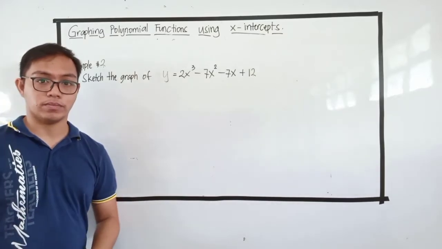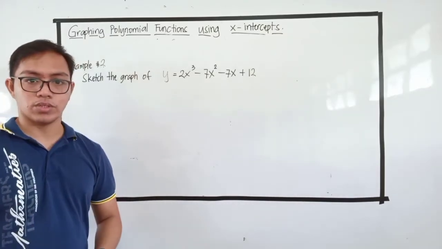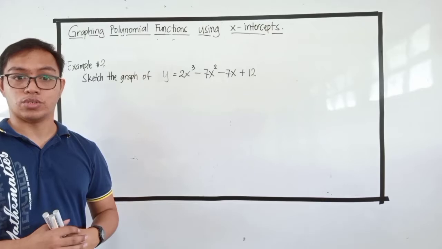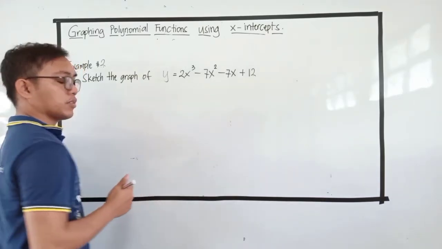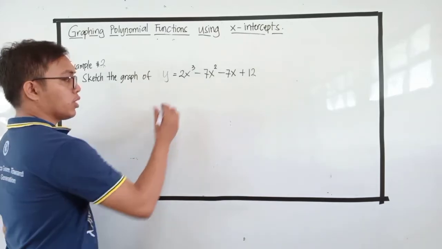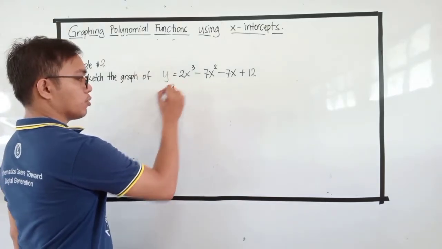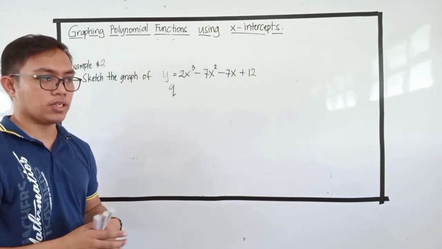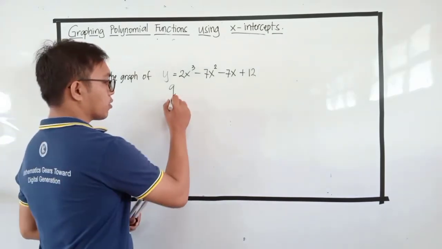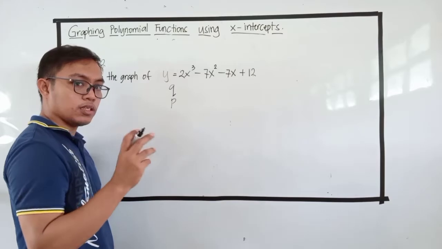So how do we factor? We're going to use the rational roots theorem. Here, in the rational roots theorem, we need to identify the factors of q, which means the constant of the given function, and p, which means the leading coefficient.